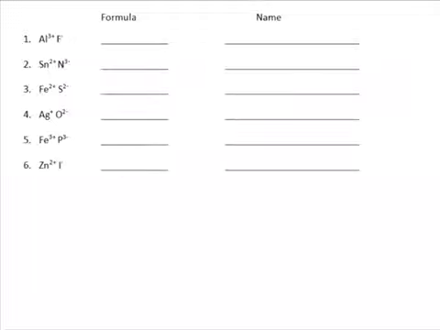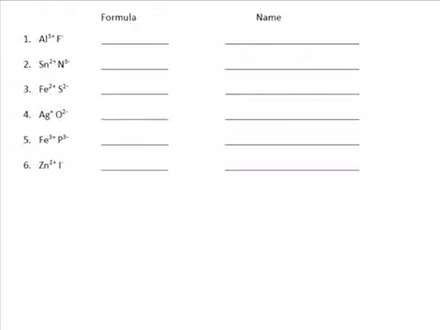And try to figure out what Roman numeral goes in the name. For some students, that's a struggle, and we have a whole other mini lesson we'll do just to make sure you're able to do that well. Here we're getting the big picture, so if that's a struggle for you, don't panic yet. But you're going to write the formula and then the name.